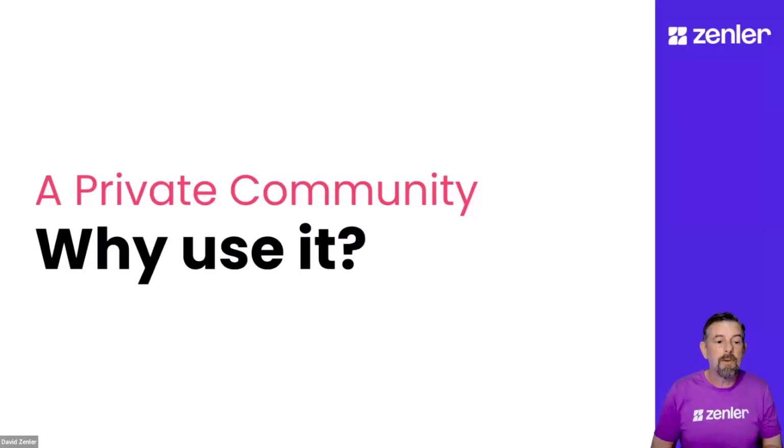However, if a new user comes to your community, they'll see the public one, and they'll see the posts and the comments, and they can't comment unless they register. But they can also see the private community, but they can't see what's in it. They can just see that it's there. So this can be a really good way.